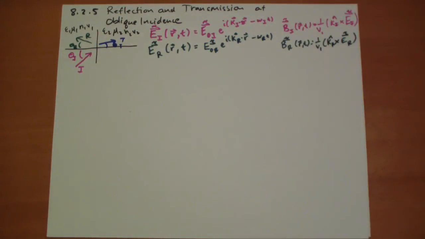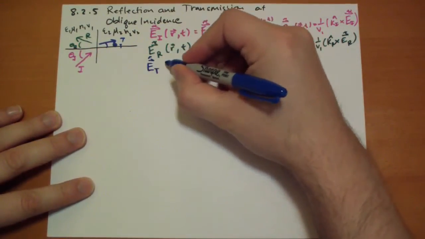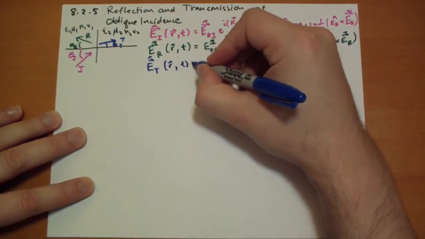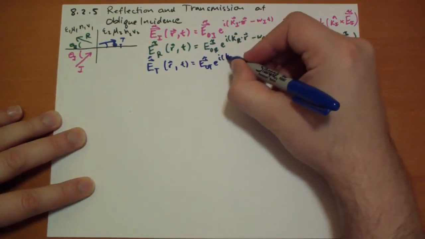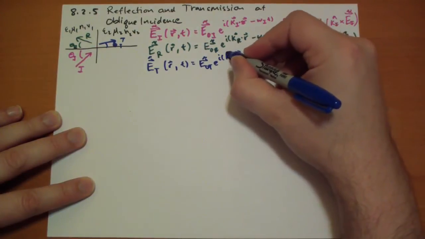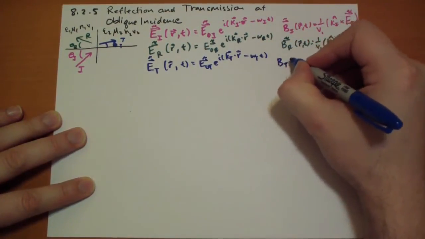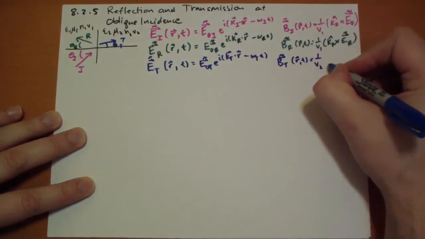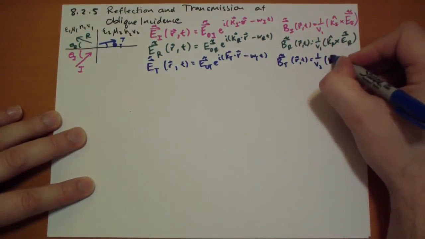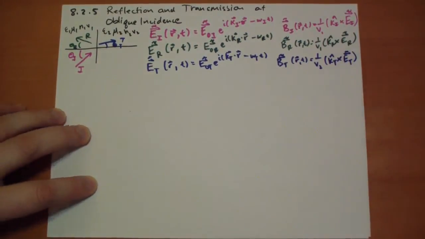Okay. And the transmitted wave is the same thing, with minus omega t, and the B T is also a function of r and t, 1 over v2 kappa T hat cross E T tilde.